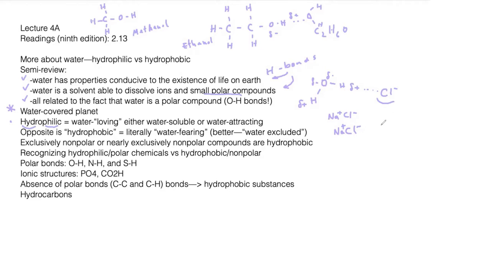If sodium chloride did not separate into single ions of chloride and single ions of sodium, there would be nothing there for water molecules to interact with. So the fact that table salt is ionic, dissociating into single positively charged and negatively charged ions, is what makes it water attracting or water loving.